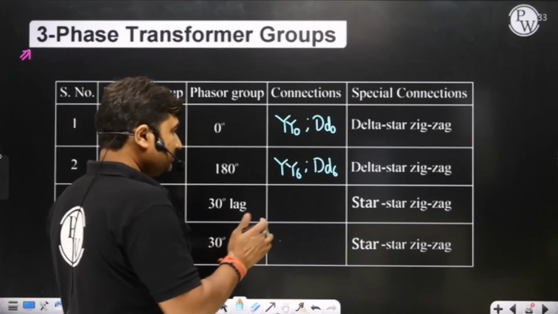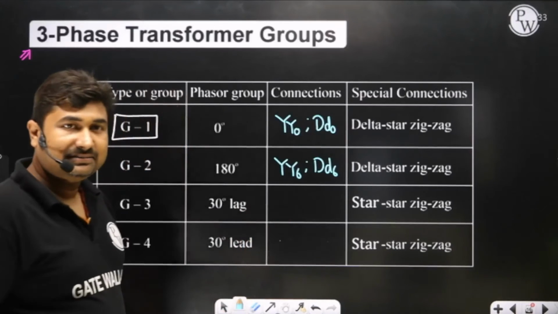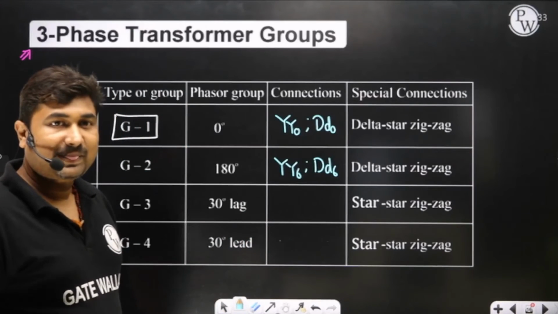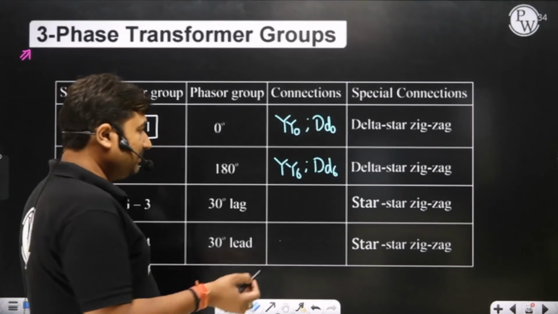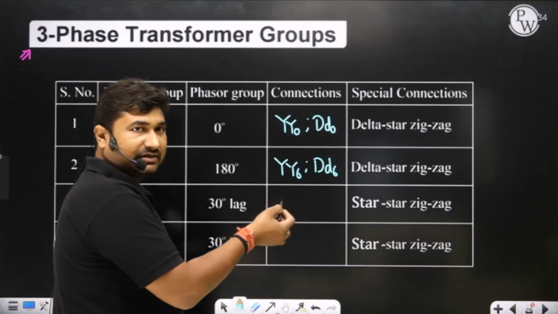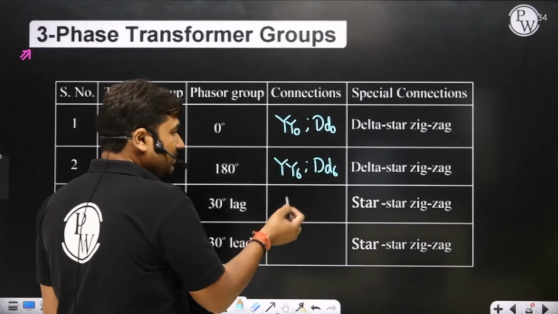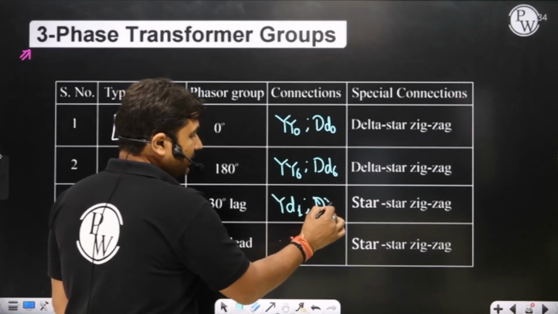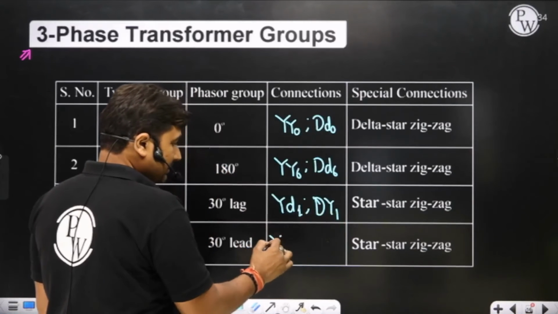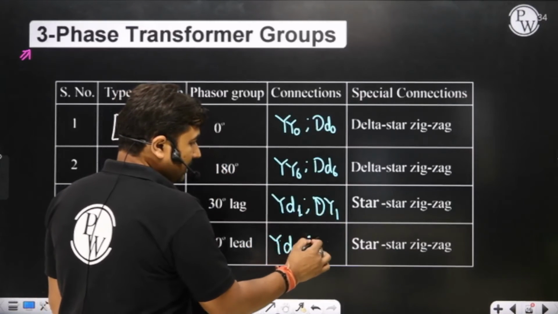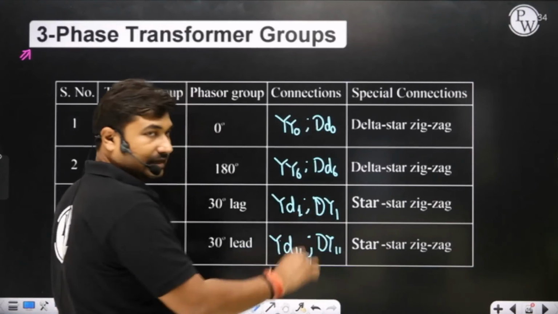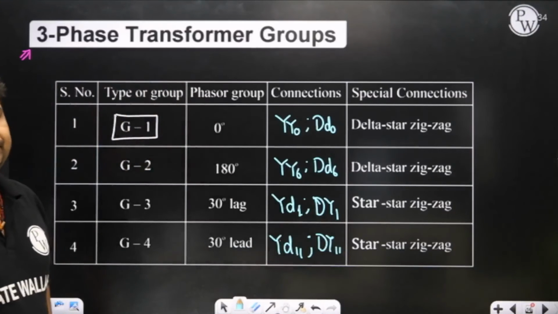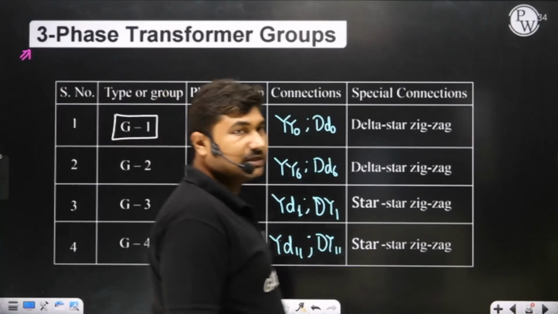During your industrial training, have you ever seen the names star star 0, star delta 1, delta star 1, then star delta 11 and delta star 11? No? Okay.